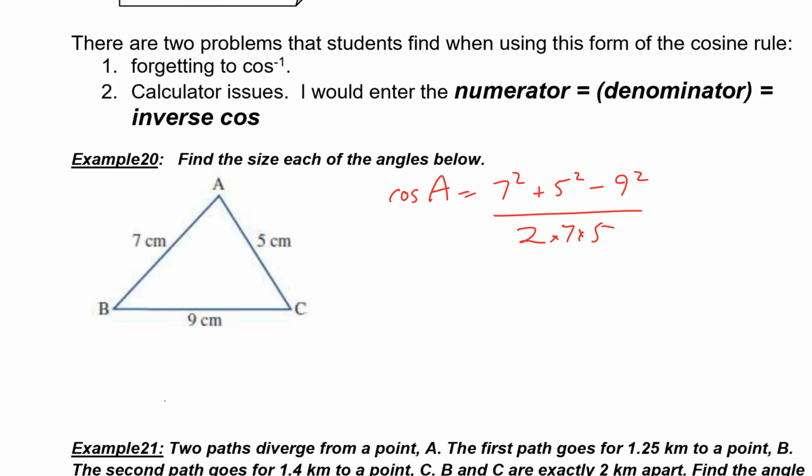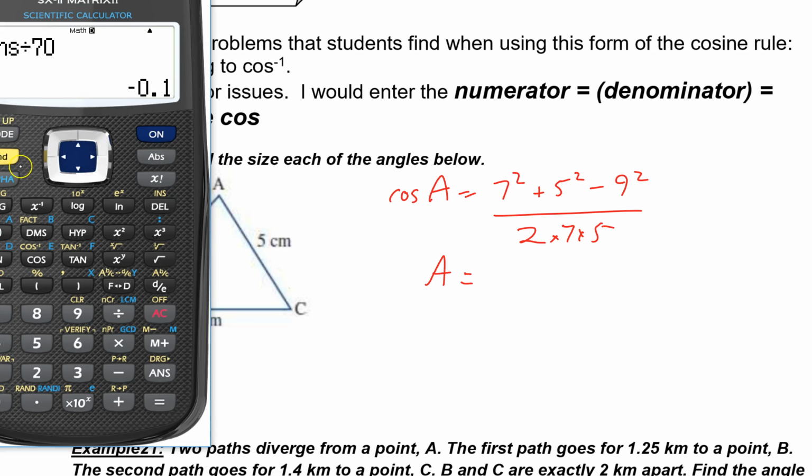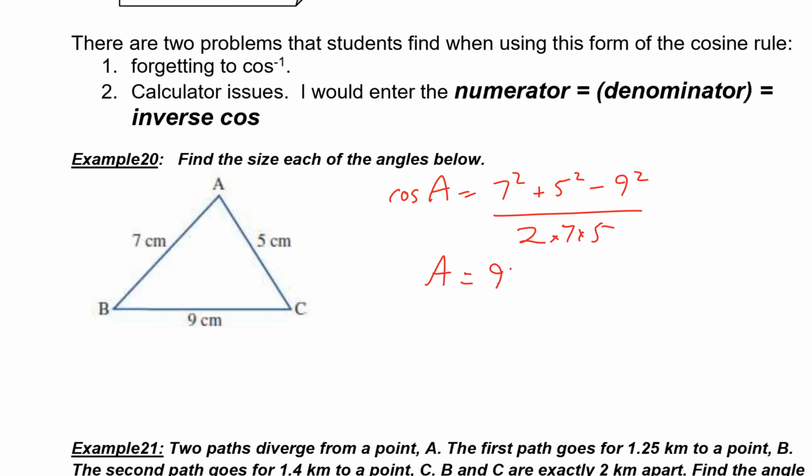That means that A is equal to the second function cos of my previous answer, which is 95 degrees 44 minutes.